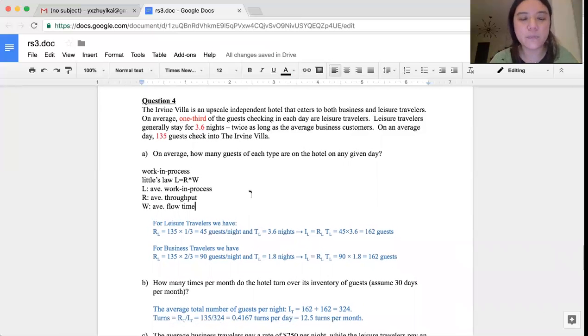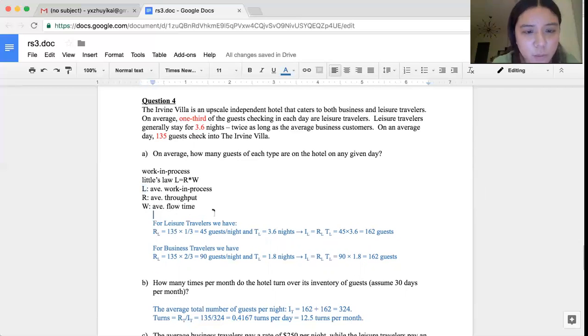So for this one, we just need to figure out the average work in process for both leisure travelers and business travelers, the rate for leisure and business travelers, and the average flow time for them.